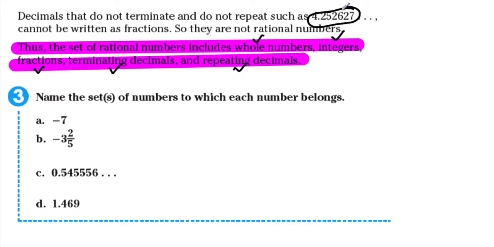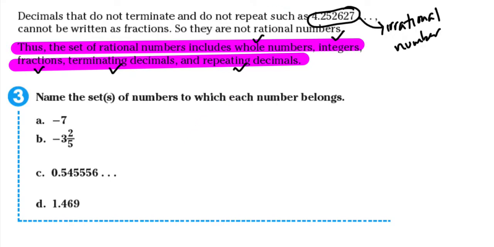Numbers such as this one are not considered to be rational numbers. We'll soon find out that that particular number is called an irrational number, which we will not cover in this lesson, so we won't concern ourselves with that right now.